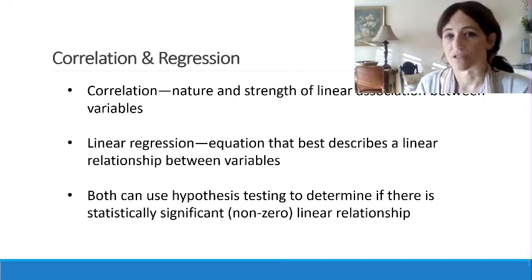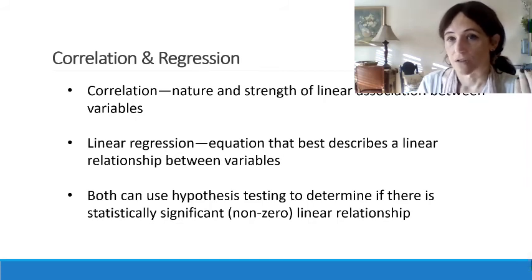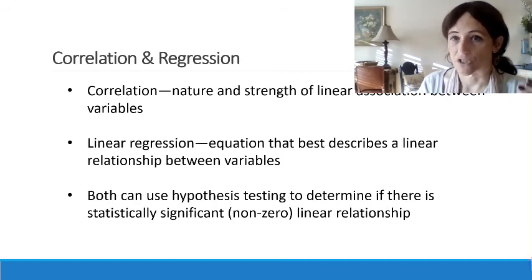So in correlation, the nature and strength of a linear association, it's very useful for doing that. In linear regression, we are creating an equation that best describes that linear relationship between the variables, and we can then use it to predict other values of y given some value of x.